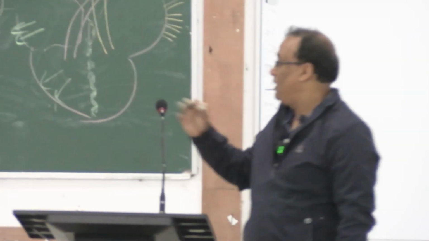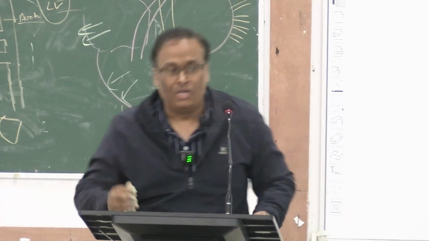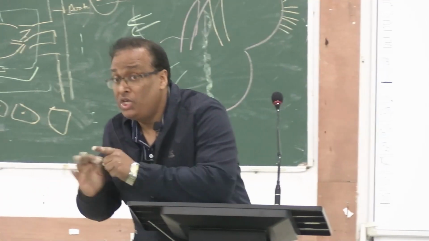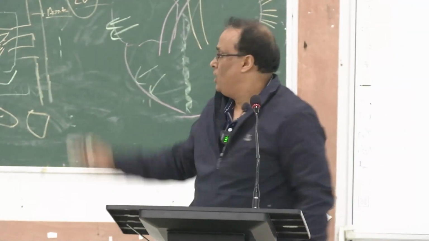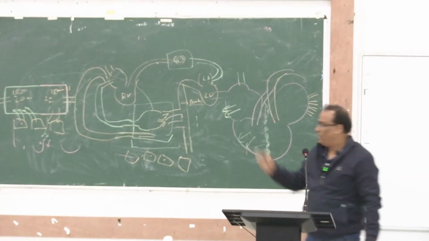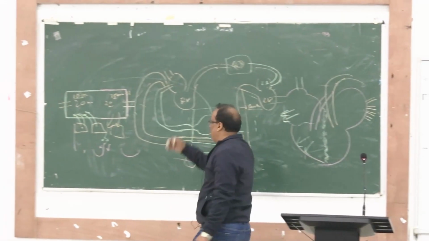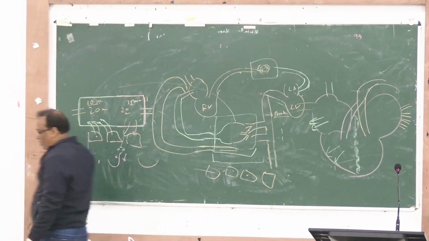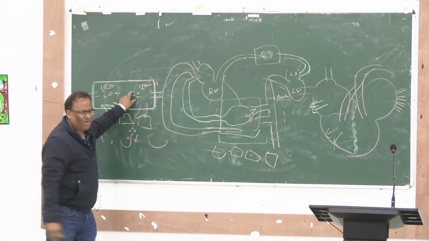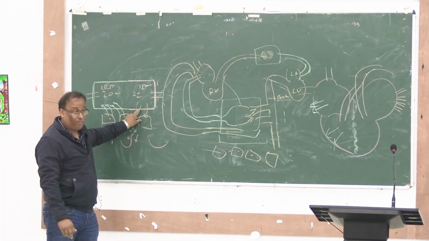So hydrostatic pressure is much more than the oncotic pressure, so water or fluid is pushed out. Now that 35 will become less because water is coming out, so it will come down to 10 to 15, it can become half, and the 20 will be the same. 20 remains the same because only a very small fraction of protein may come out, not always.